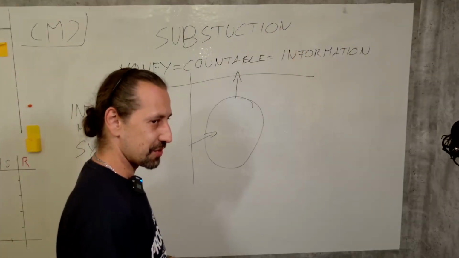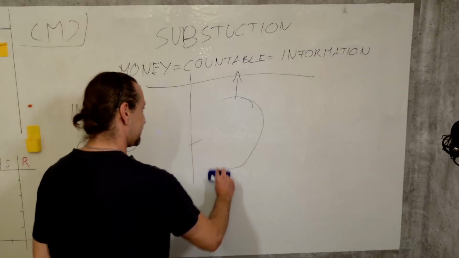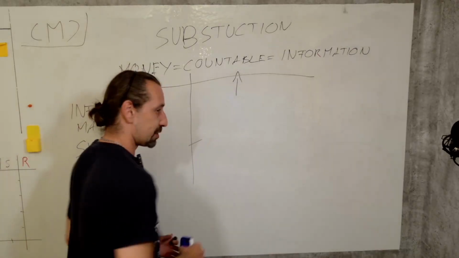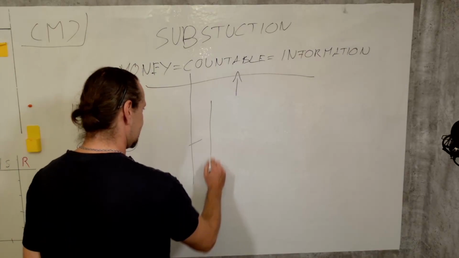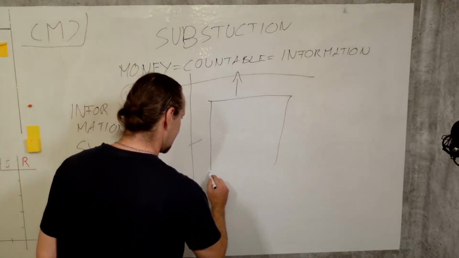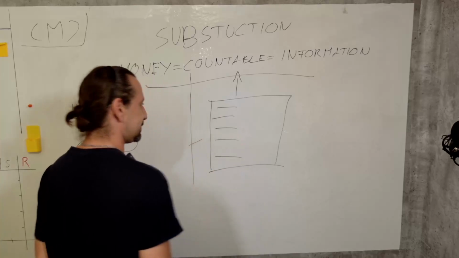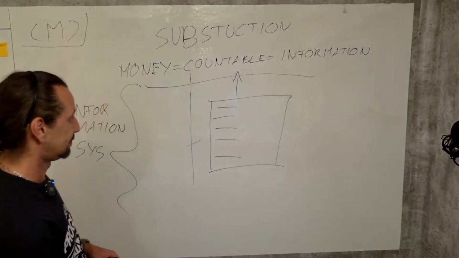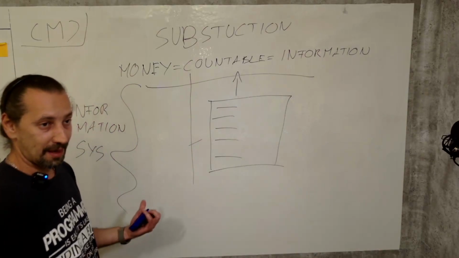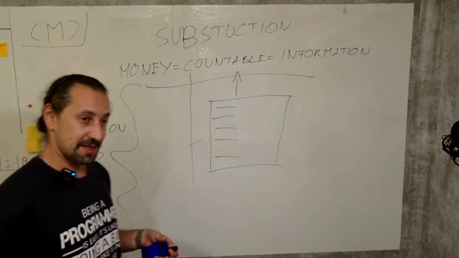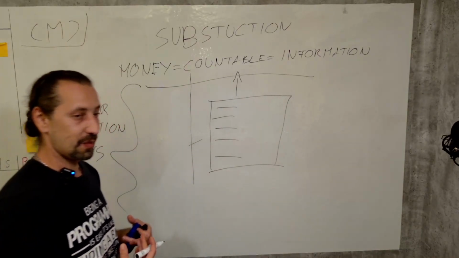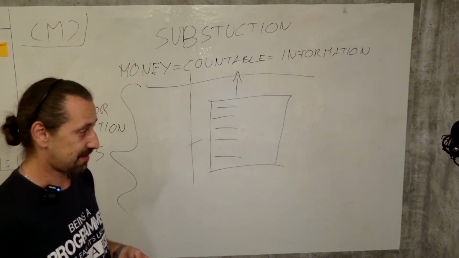What is usually an information system in our world? It is a database. In a database, how are we interacting with the database?